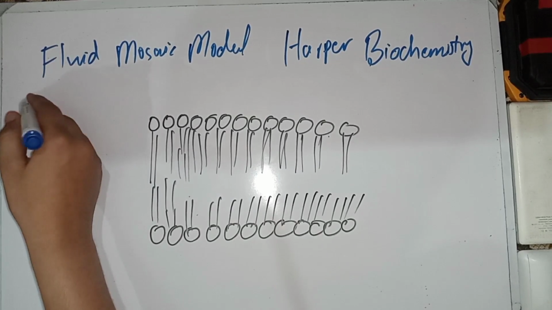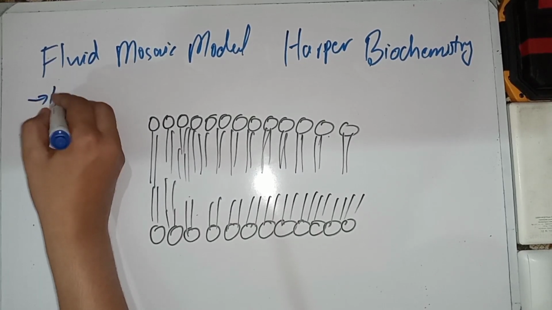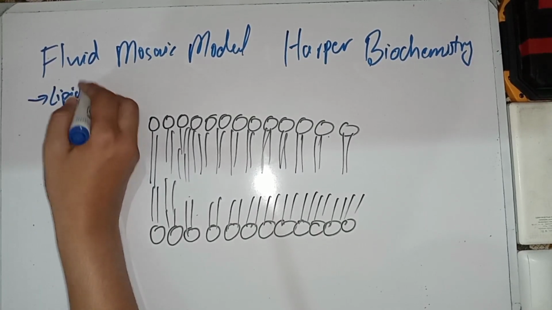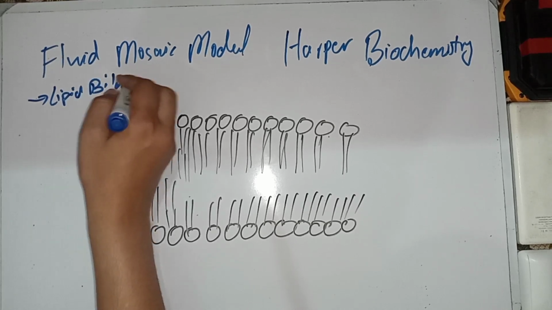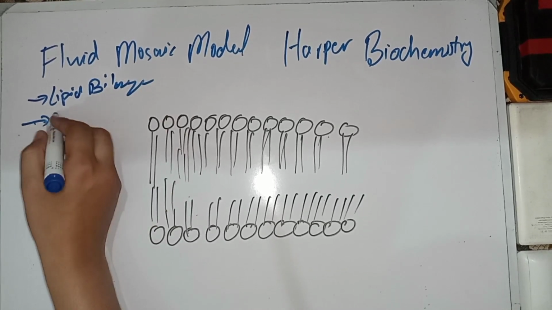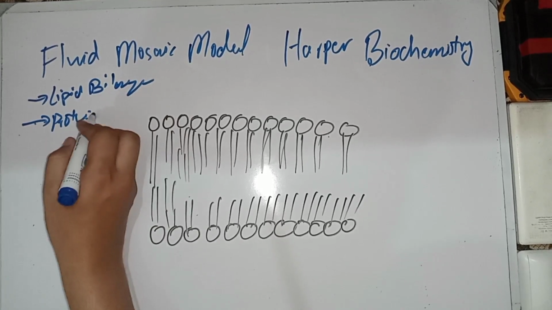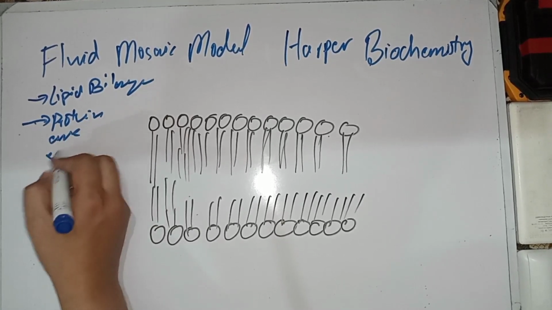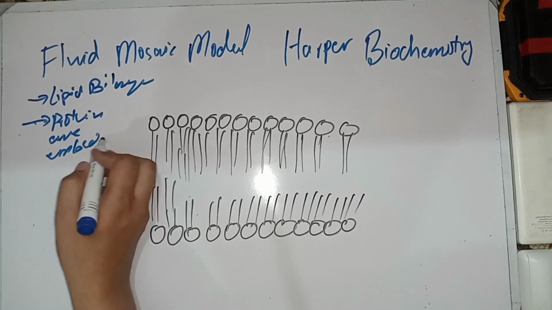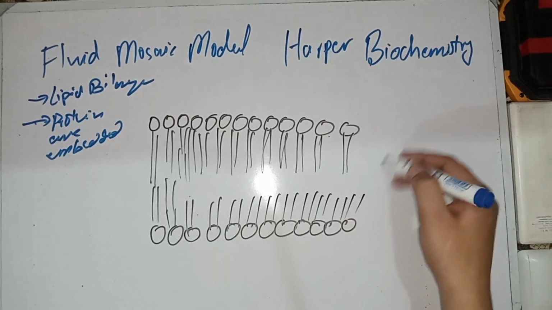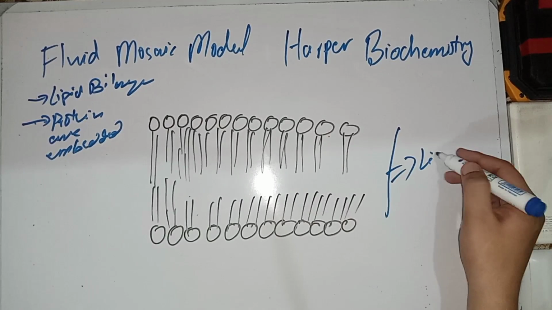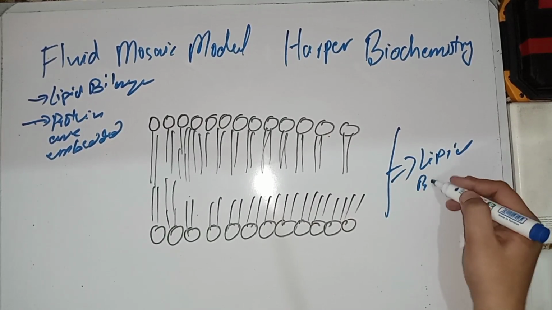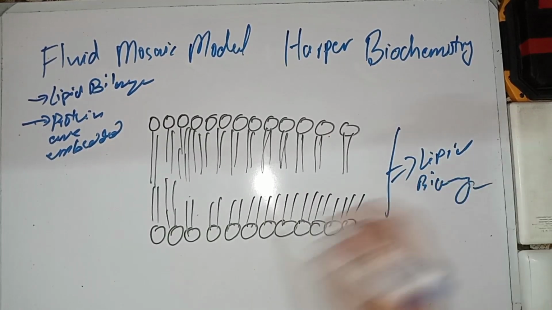cellular membranes are lipid bilayers in which proteins are embedded in a mosaic-like pattern. So this is a lipid bilayer, and in this lipid bilayer proteins are embedded.